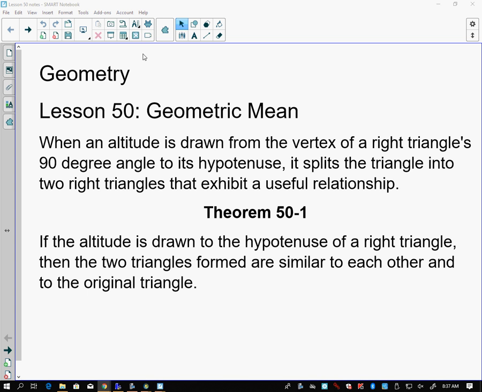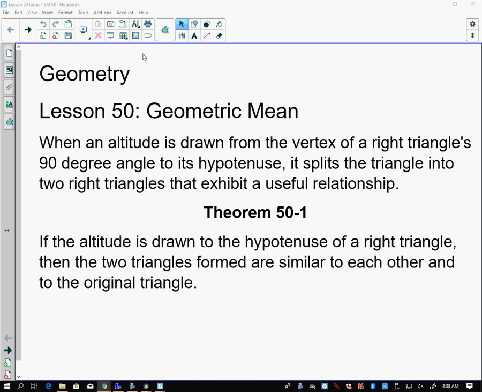So when an altitude is drawn from the vertex of a right triangle's 90-degree angle, or that perpendicular, or whatever you want to call it, to its hypotenuse, it splits the triangle into two smaller right triangles that exhibit some useful relationships. One, it divides that right triangle into essentially three similar triangles.